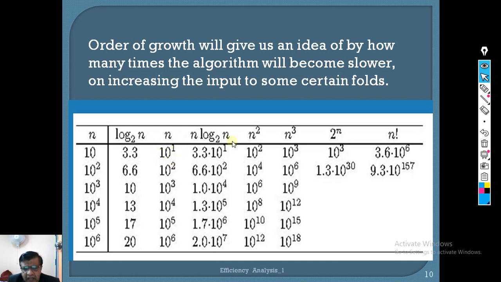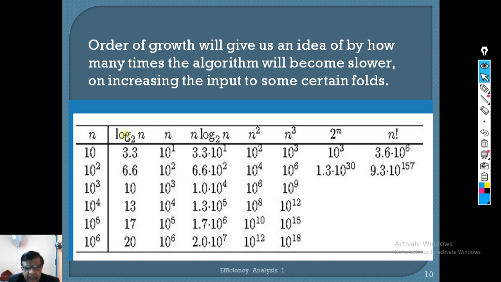If it is n log n complexity, it is 3.3 into 10 to the power of 1. If it is n square, quadratic complexity, 10 square, that is 100 times your computer would have bothered. It is n cube, 10 cube, 1000 times. 2 to the power of n, 10 to the power of 3. n factorial, 3.6 into 10 to the power of 6. It's a very huge number of steps.